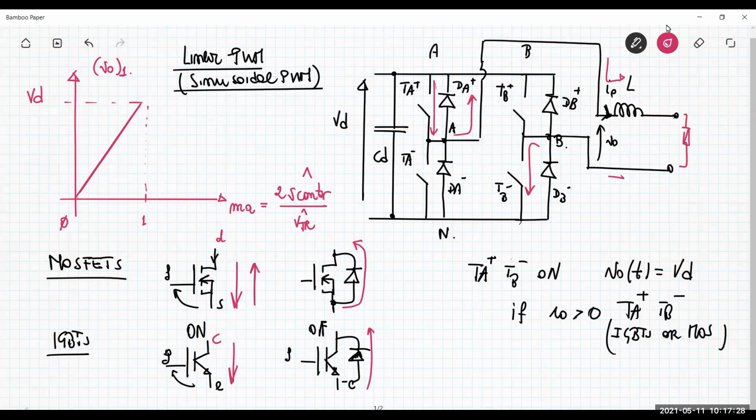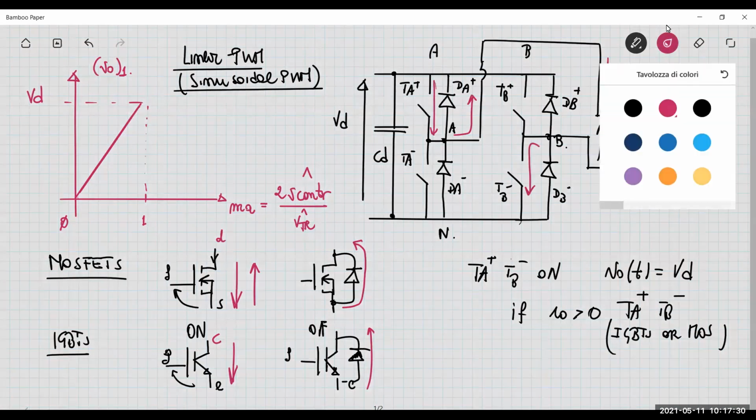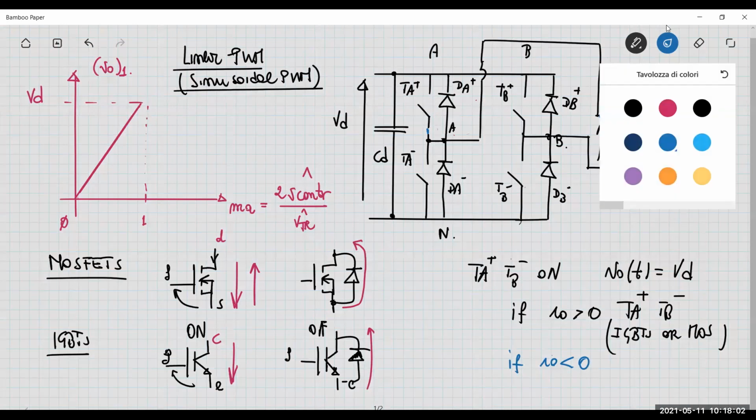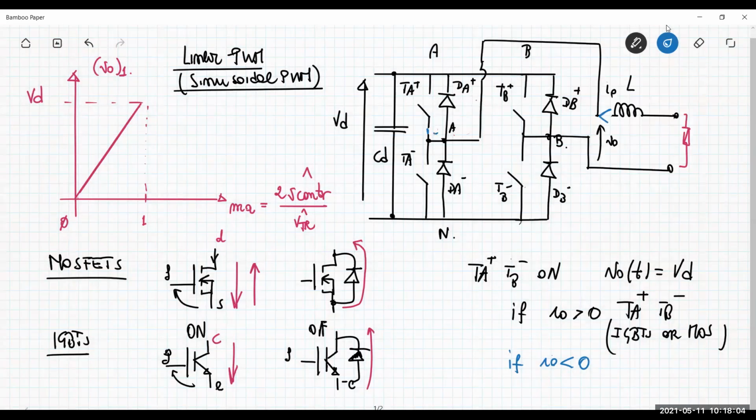So what happens if the current is negative? If the current is negative, the current flows in a direction opposite to this one, so the current flows in this direction here. The situation is different if you have IGBTs or MOSFETs. If you have IGBTs, there is no possibility that the current can flow from the emitter to the collector in this direction here.